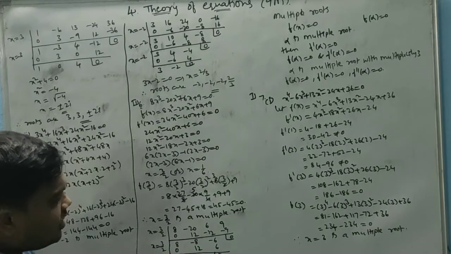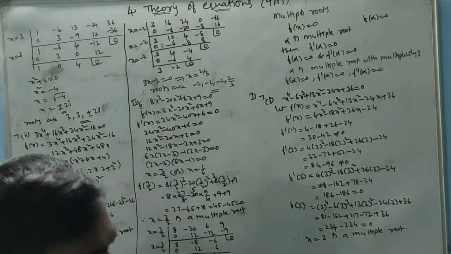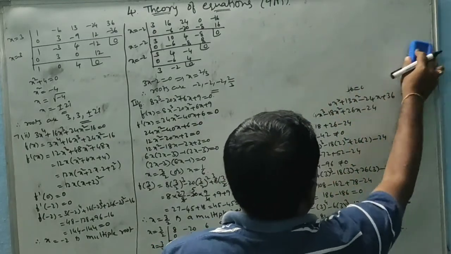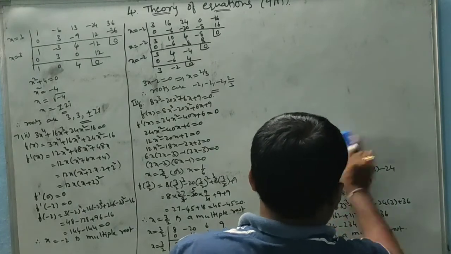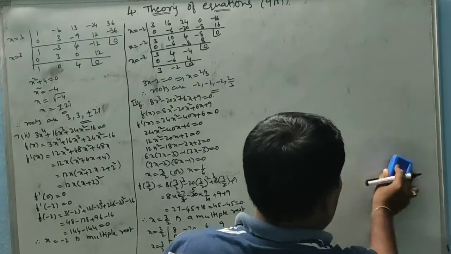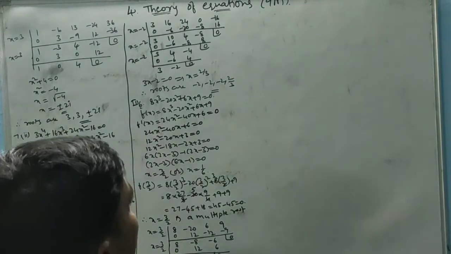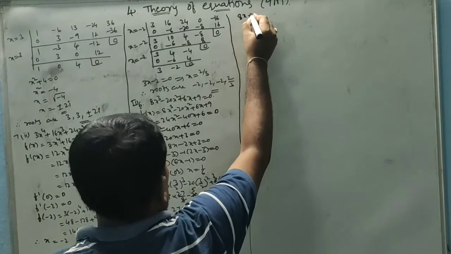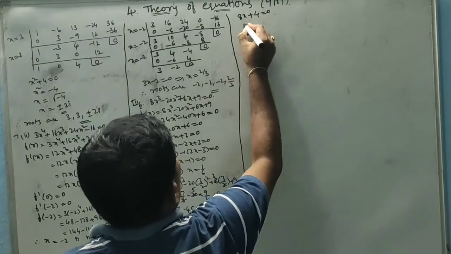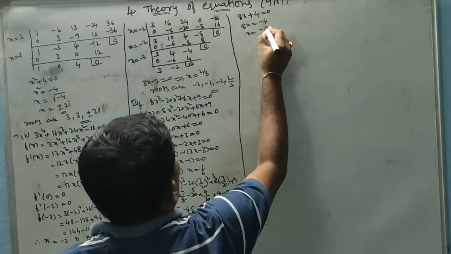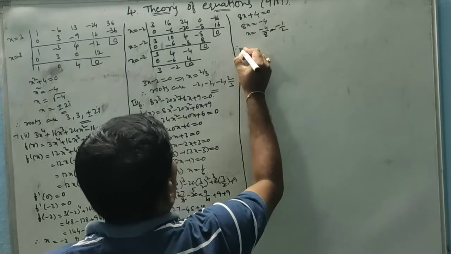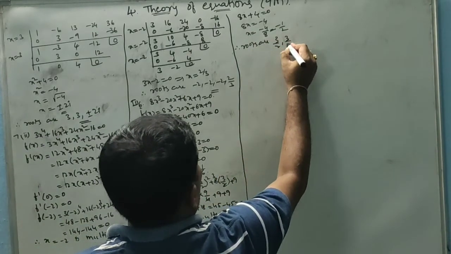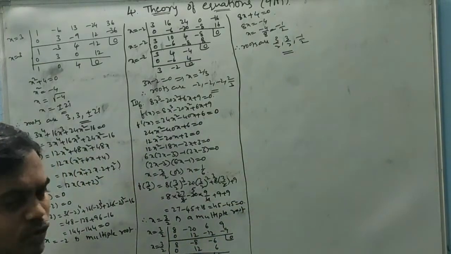So what we got: 8x + 4 = 0. 8x = −4, x = −4/8 = −1/2. Therefore the roots are 3/2, 3/2, −1/2. So this is the solution.